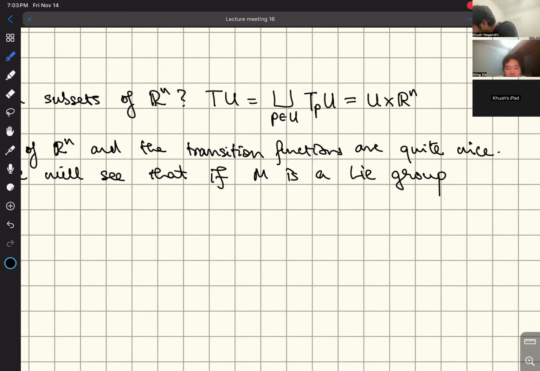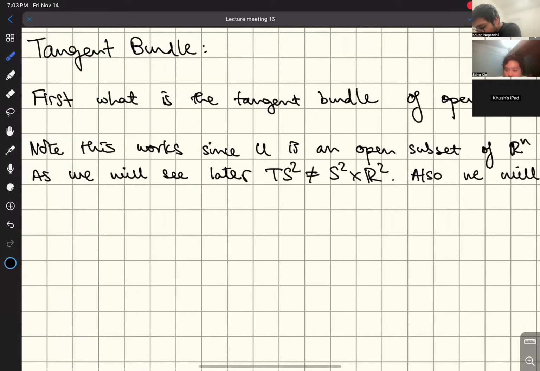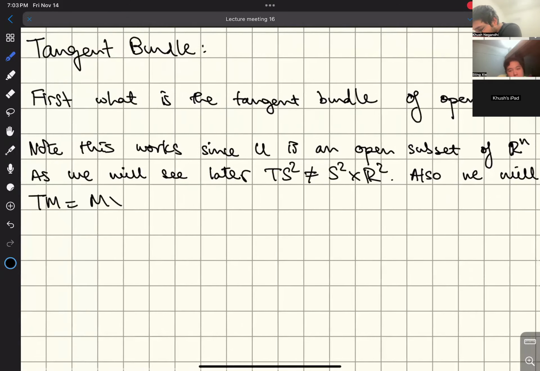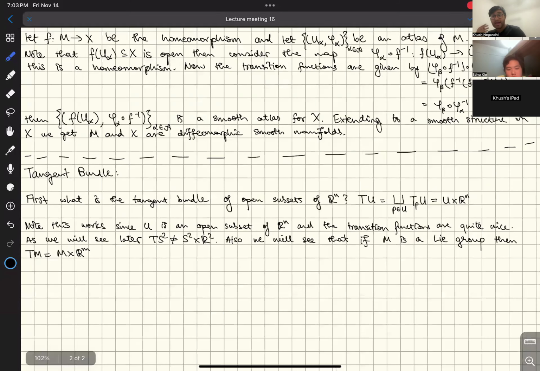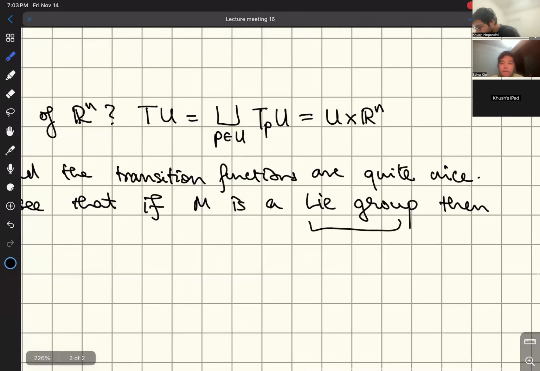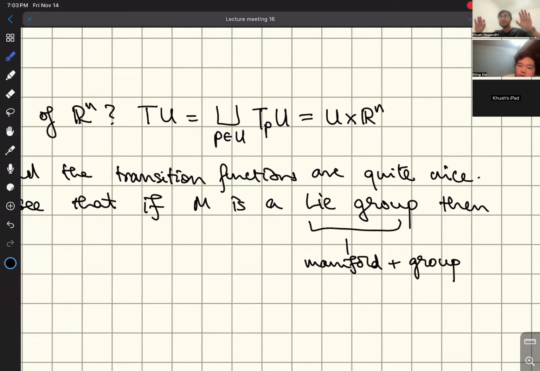So a Lie group is a manifold, a smooth manifold. Whenever I say manifold, I mean smooth manifold. I'm not going to write smooth every time. Manifold plus group. So it's a manifold and a group.